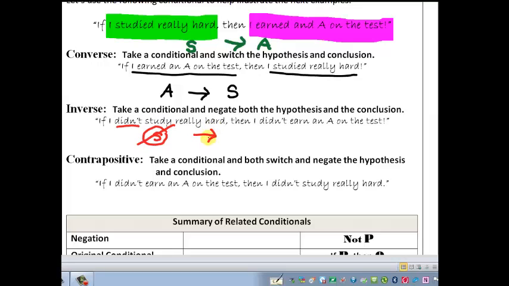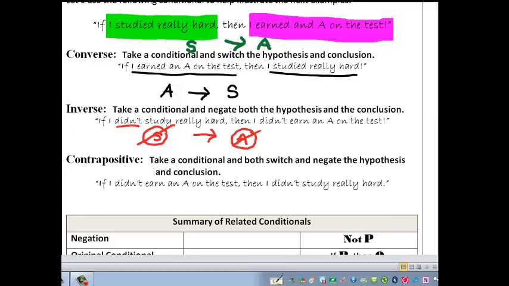And then the conclusion is I didn't earn an A on the test. So I did not study really hard, therefore I did not earn an A on the test. This is our inverse. If I didn't study really hard, then I didn't earn an A on the test.